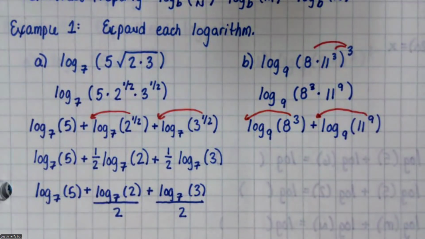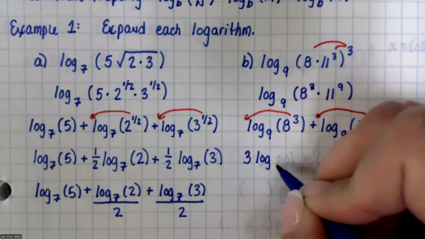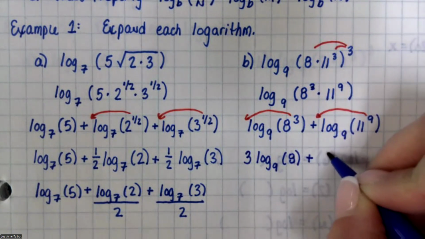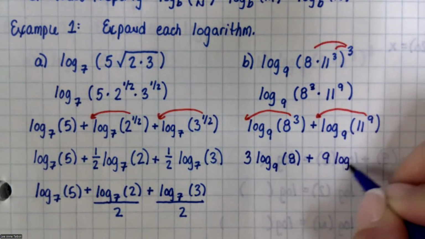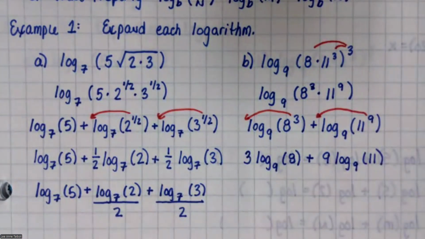Now I'm going to put the exponents in front: 3 log base 9 of 8 plus 9 log base 9 of 11. That's done. I don't have to make them divided by 2 or anything because they're just 3 and 9, they're not fractions.